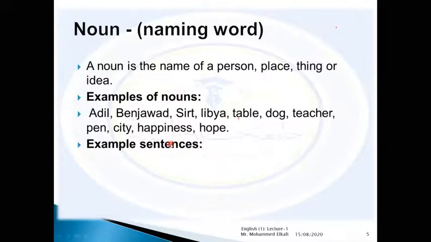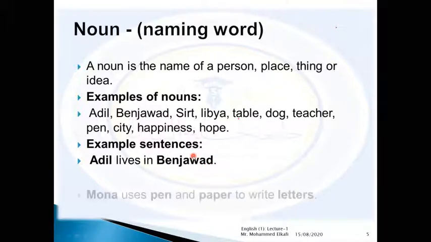Okay. So let's take some example. When you say Adil lives in Bin Jawad, here we can know that this sentence includes two nouns. The first one is Adil, name of a person, and the second one is Bin Jawad, which is a name of place. Okay.